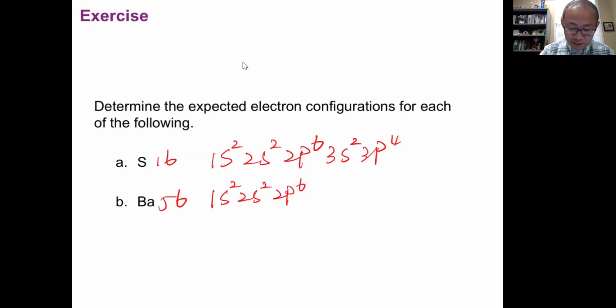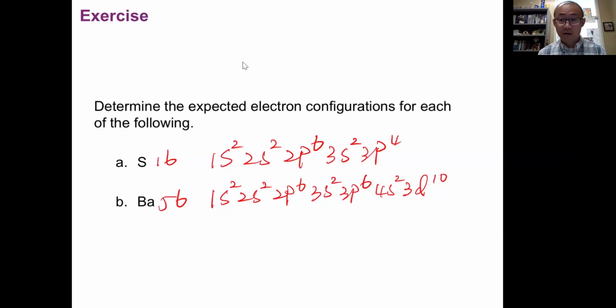After 2p6 is 3s2, 3p6. After 3p6 is 4s, so 4s2. After 4s2 is 3d. We know the d subshell can hold 10 electrons because the d subshell has 5 orbitals. So after this, we have 30 electrons filled.